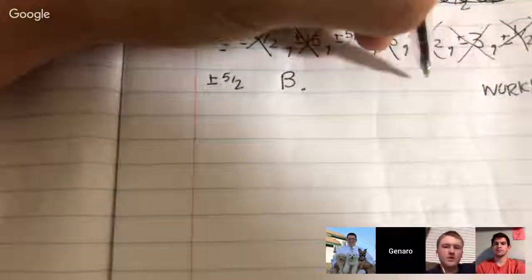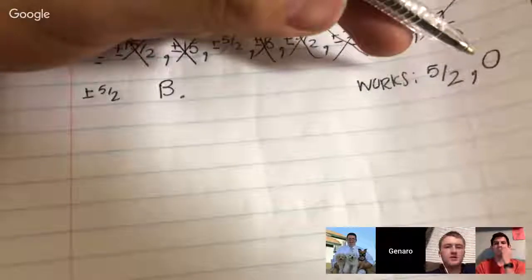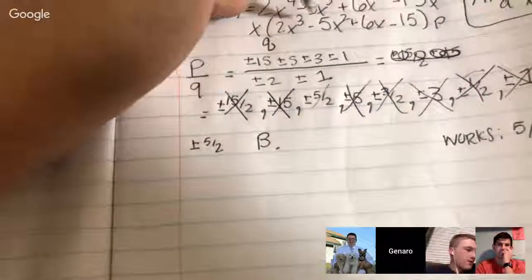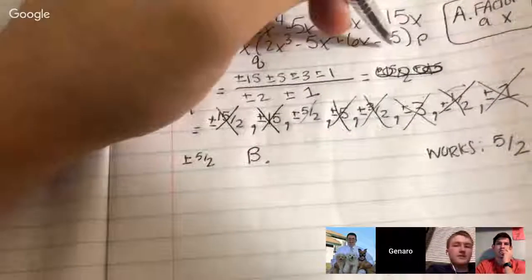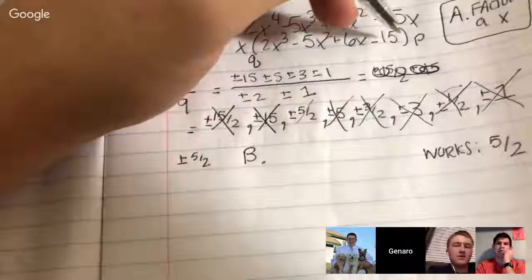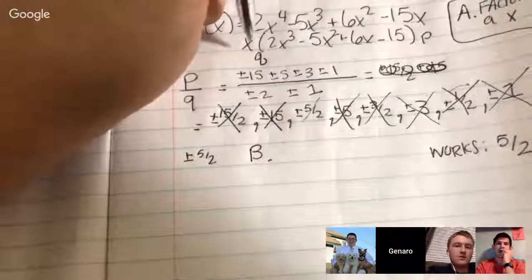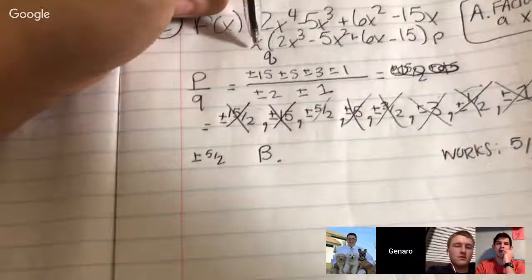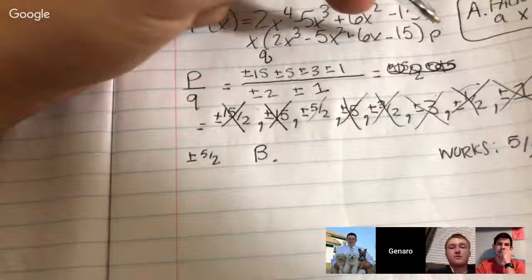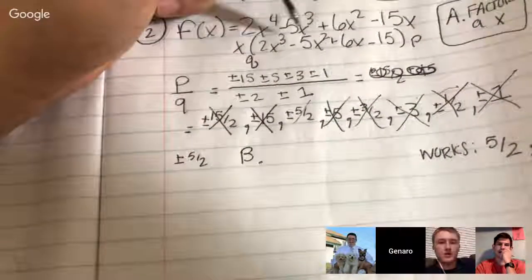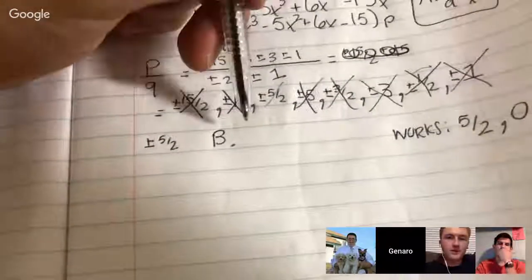But does 0 work? Because once we factor out an x, everything goes away except for the negative 15. No, once we factor out the x, if we put 0 at this x, 0 times negative 15 is still 0. Okay, yeah. Yep, we're good. I got you now.